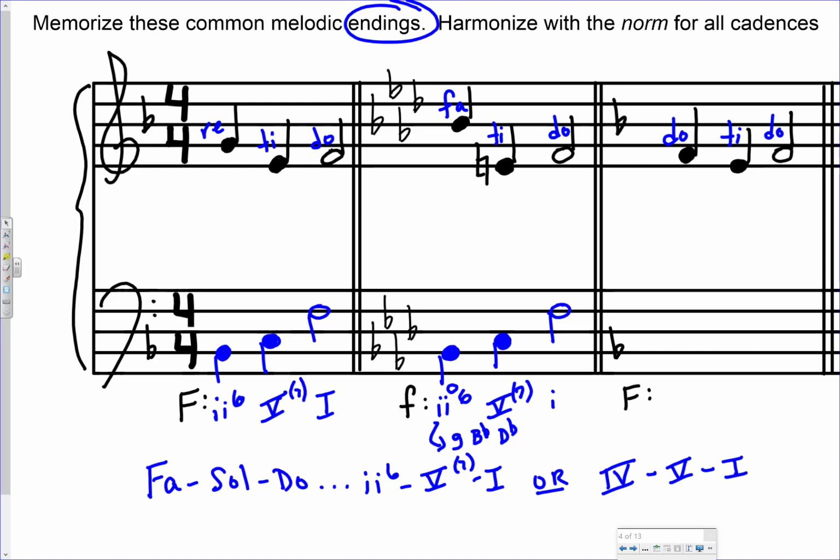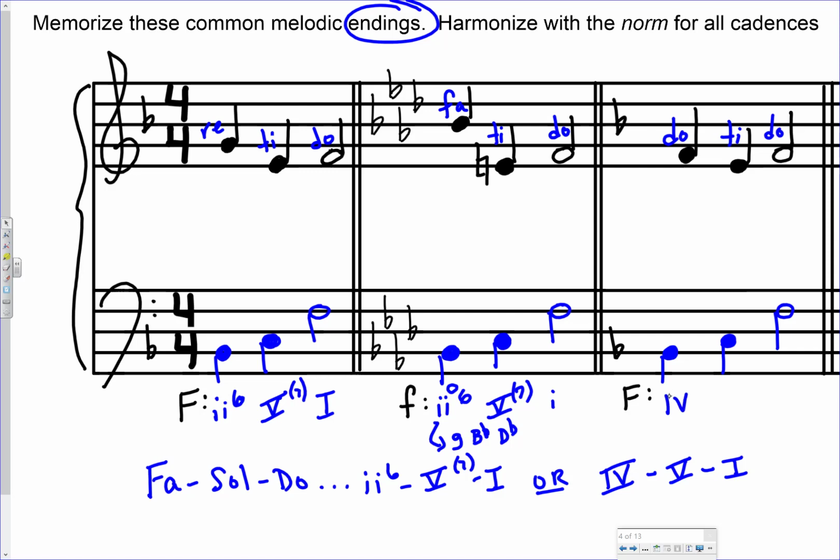Okay, third measure, back to major. Memorize that when we have do, ti, do in the soprano, the second most common bass line is fa, sol, do. Then analyze with Roman numerals.